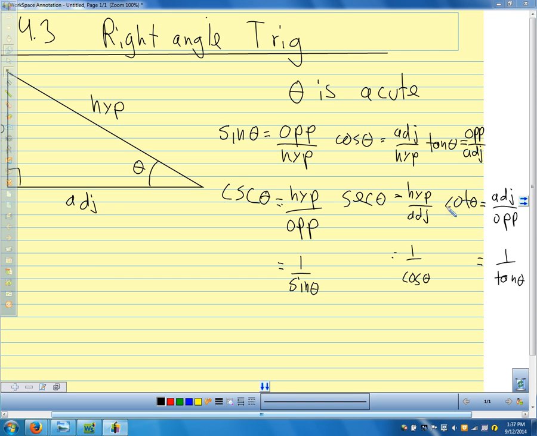So what I want to do is talk briefly, relating back to the unit circle, and then we'll do a couple of examples using this stuff. So let's draw a 45, 45, 90 triangle and label the sides, and relate what we're doing with a right triangle to what we talked about with the unit circle.